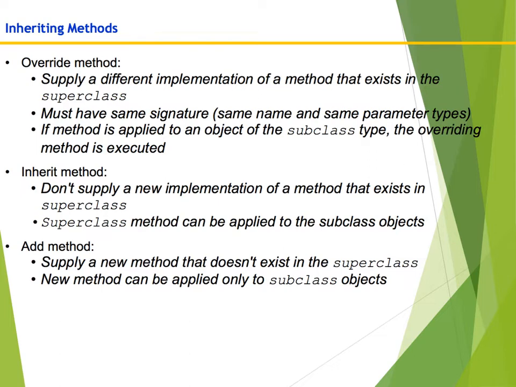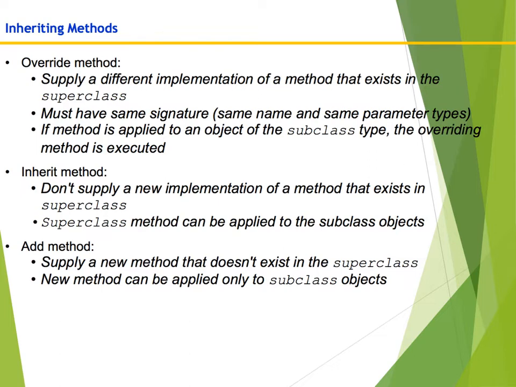When a class overrides a method, it must have the same signature, which means that you have to keep the name the same as the superclass, and you have to keep the same parameter types as are defined in the superclass method. If the method is applied to an object of the subclass type, the overriding method is executed.